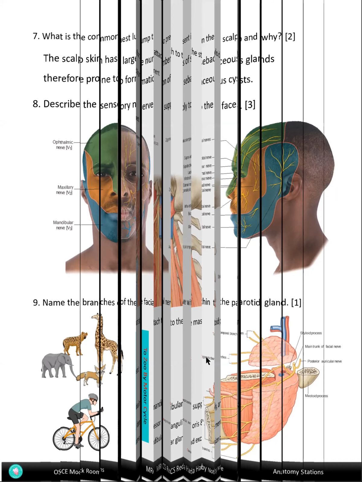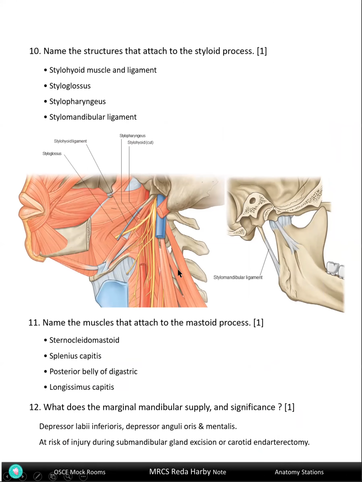Okay, excellent. What are the structures that are attached to the styloid process? There are muscles and ligaments. The muscles are the stylohyoid, styloglossus. Excellent.